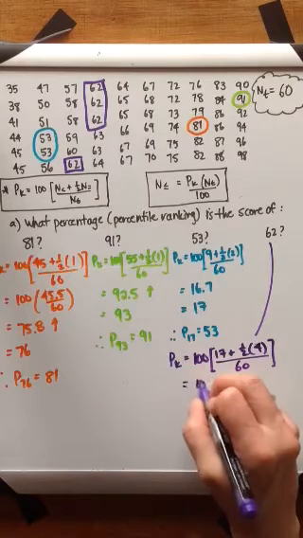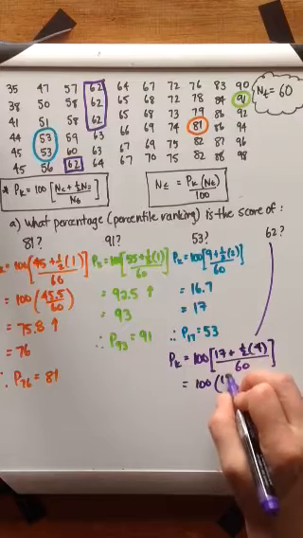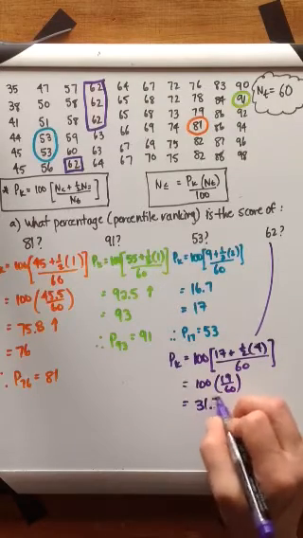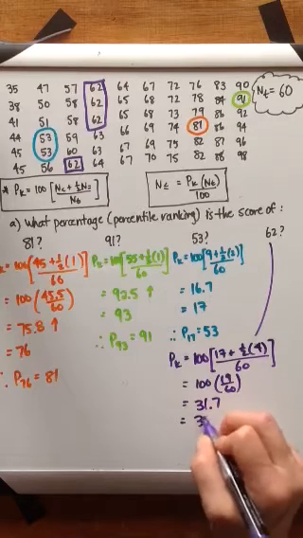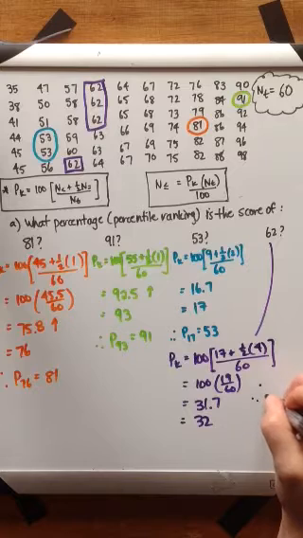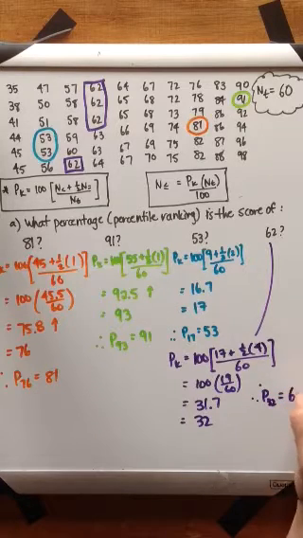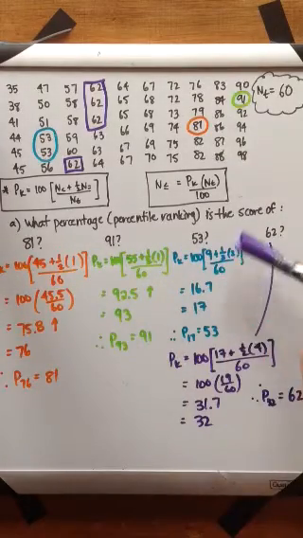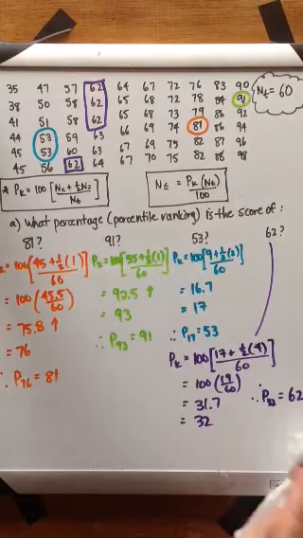So we get 100 times 19 over 60 this time, which comes out to 31.7, which when we round up comes out to 32, which means therefore the percentile ranking of 32 would have a value of 62 in this data set. And that's how we can use large data sets in cases where the data value is repeated to still calculate the percentile.